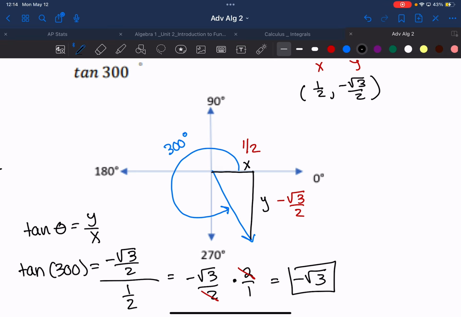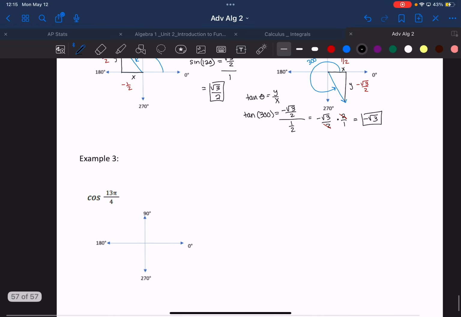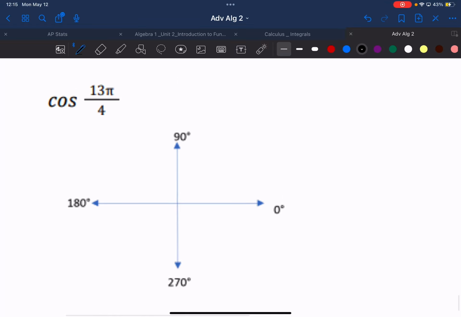Okay, so example 3 is going to be a little bit more challenging for 2 reasons. First, they give us in radians instead of degrees. So what do we have to do first? Convert to degrees. So I'm going to do that by multiplying 180 divided by pi. The pi's are going to cancel, so I'm looking at each of the diagonals. And then on the other diagonal, I can divide 4 and 180 by 4.